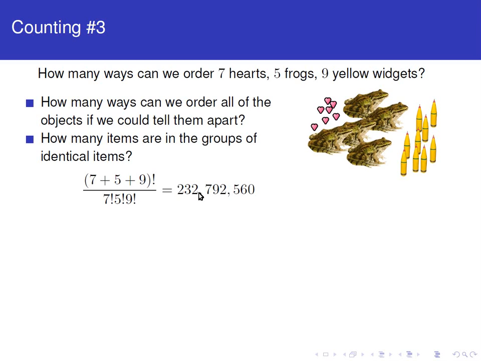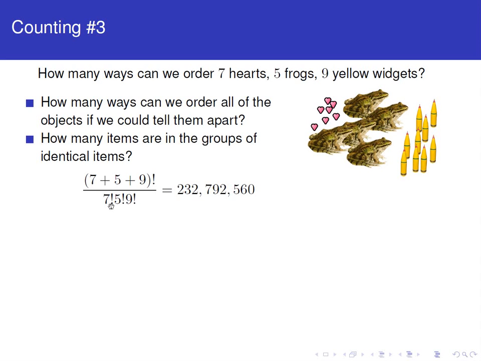So the question, how many different ways can I arrange all of these quantities if I can tell them apart? Well, that would be the total number of objects, which I put in the numerator, 7 plus 5 plus 9, factorial, but then I divide it by the things that I can't tell apart.